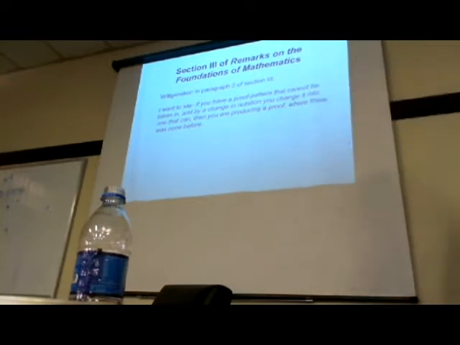His main point is that if you have a proof pattern that cannot be taken in, and by a change of notation you change it into one that can be taken in, then you're producing a proof where there was none before. So he's tying a mathematical proof to its concrete presentation, and he's particularly interested in the capacity of this concrete presentation to be taken in.